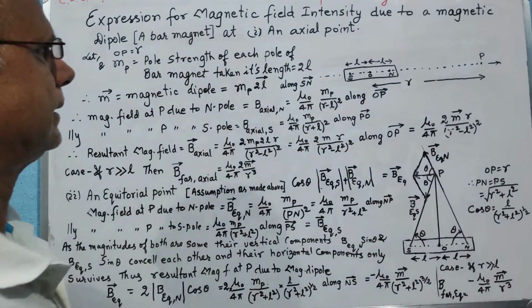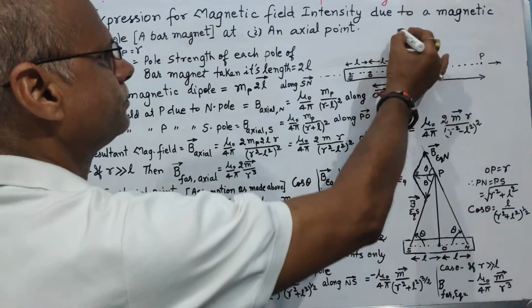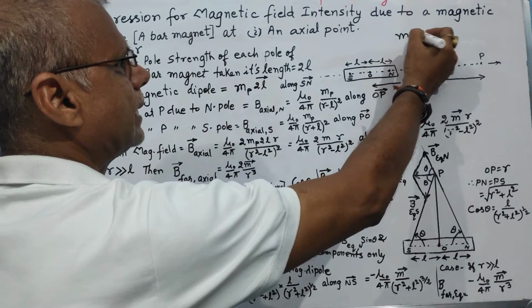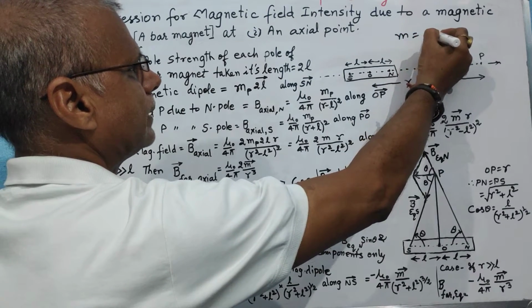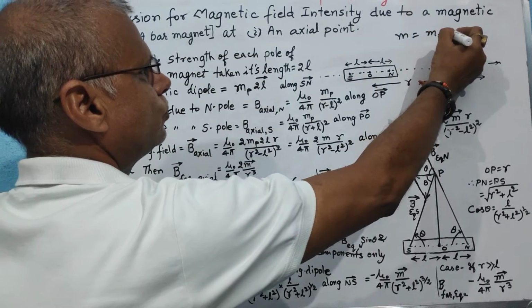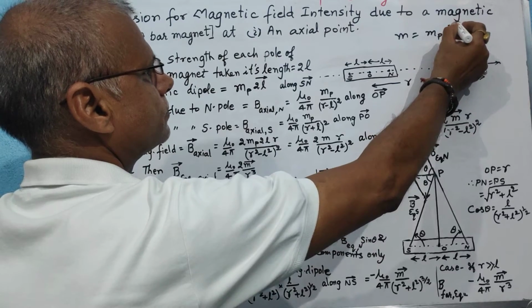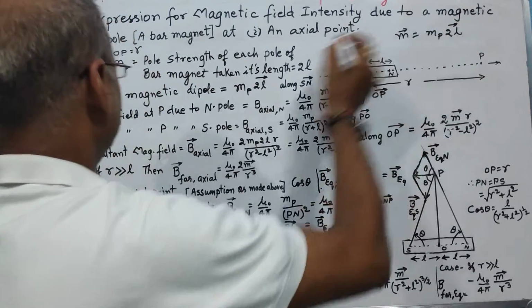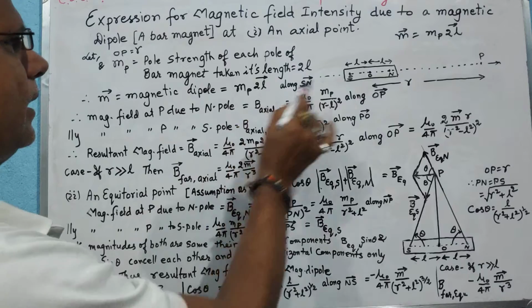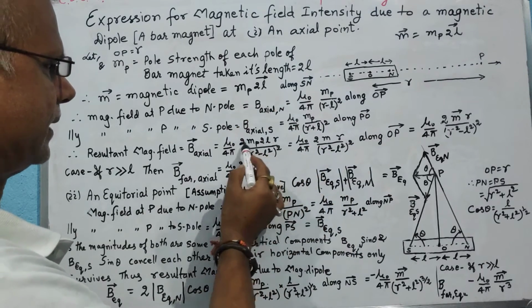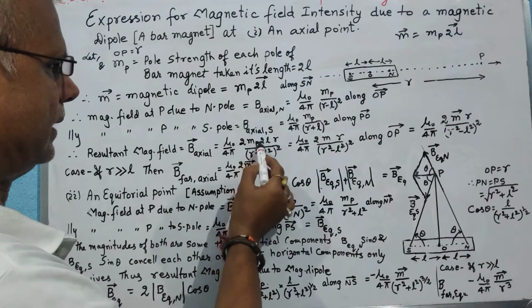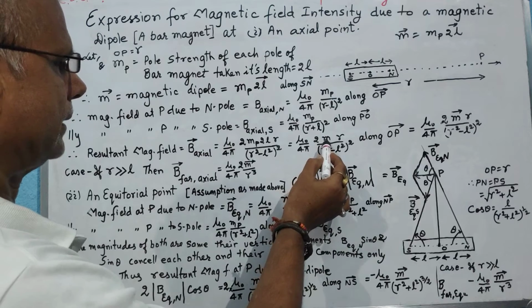We know that magnetic dipole moment m is nothing but pole strength into 2l. We have just talked over here, and so we replace this factor mp into 2l by m, the magnetic dipole moment.